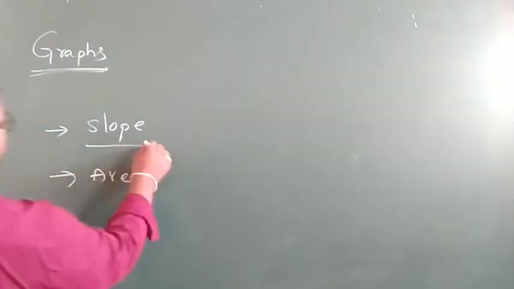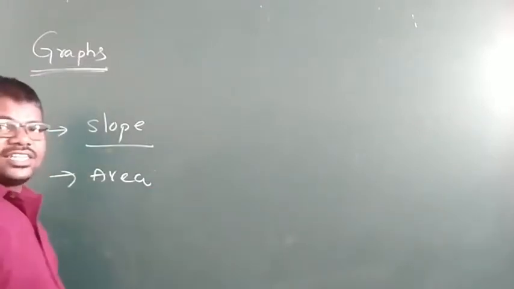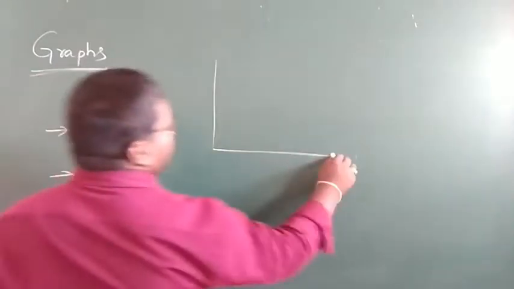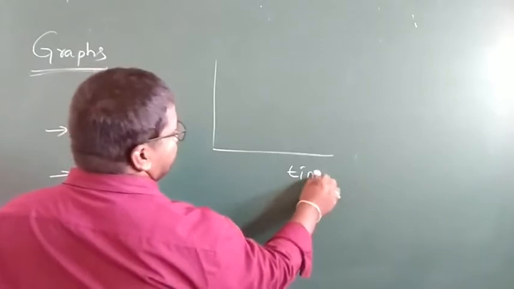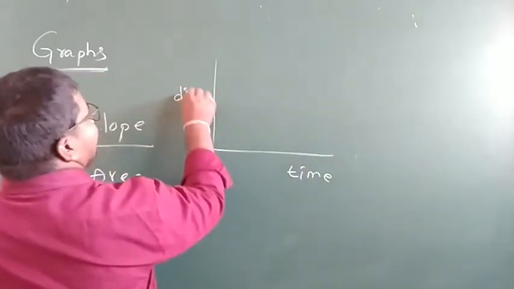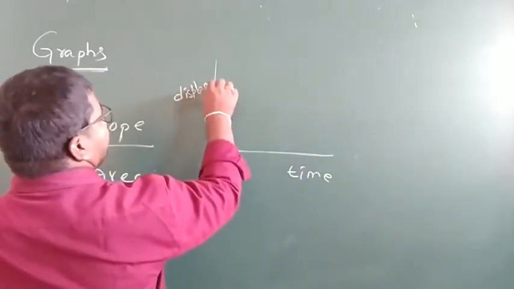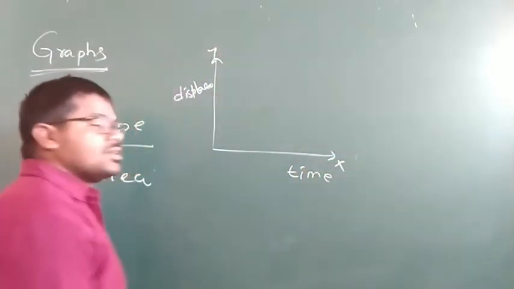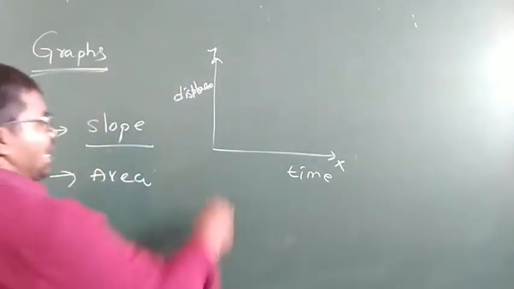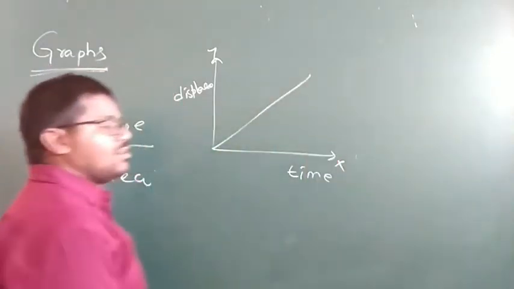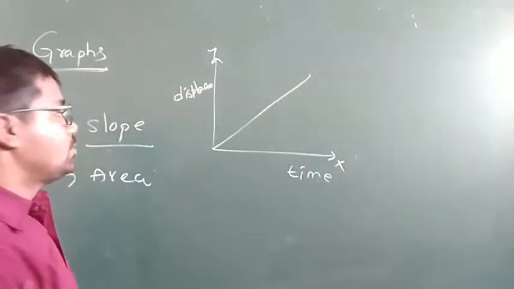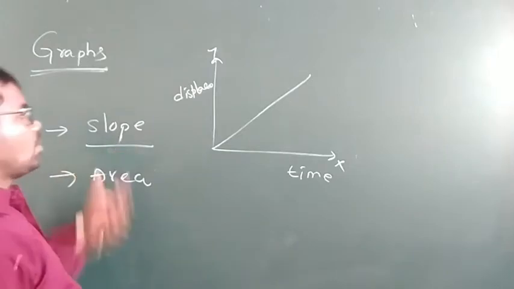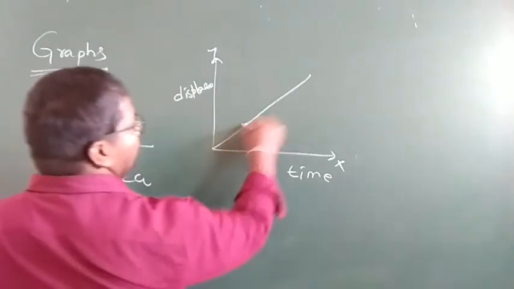Okay, we know that, children. According to mathematics, what is slope? Time and displacement, y-axis, x-axis. If any graph is like this, understand? Now, how can we draw the slope? Consider 2 points.